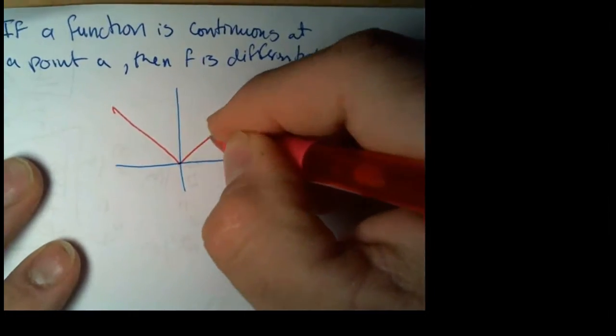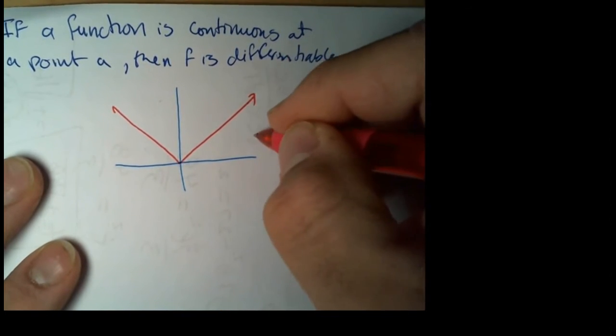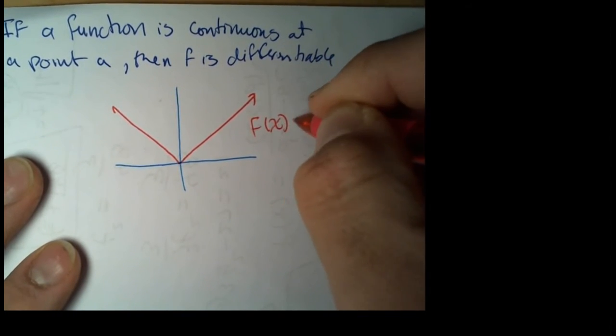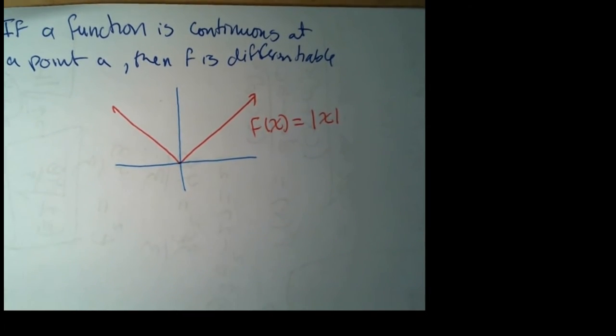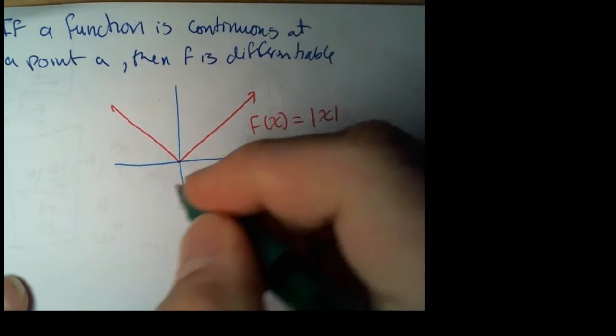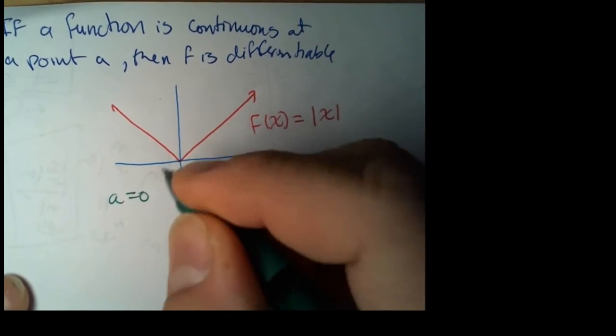And you brought up the function, the absolute value of x. We said this statement is not true because this is continuous, but we are told that we can't differentiate at a sharp corner. And that is true. This is a false statement. We can show that if we let a equal 0.